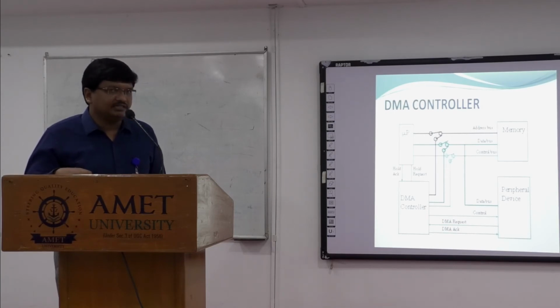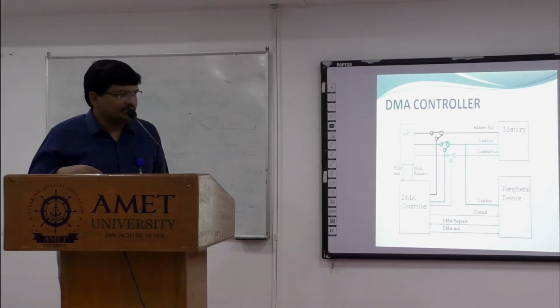In a direct memory access system, we deploy a supplementary controller, that is the DMA controller, or DMAC. This DMAC controller will take care of this activity. The DMAC controller will be placed in the system, which will help the peripheral device or the input-output unit to access the memory at a better rate.